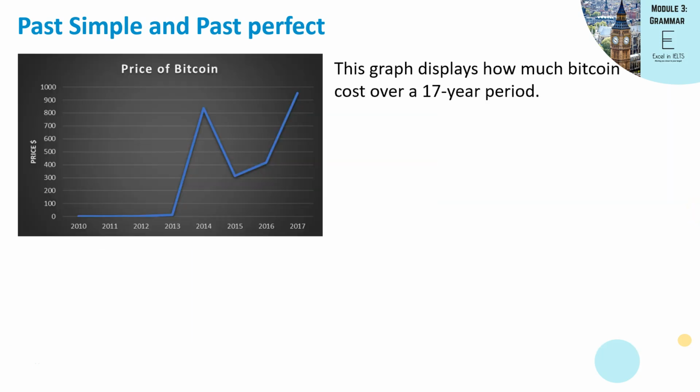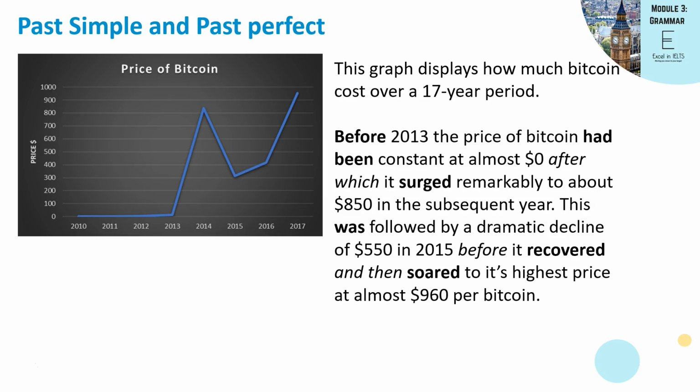This graph displays how much Bitcoin cost over a 17-year period. Before 2013, the price of Bitcoin had been constant at almost $0, after which it surged remarkably to about $850 in the subsequent year.